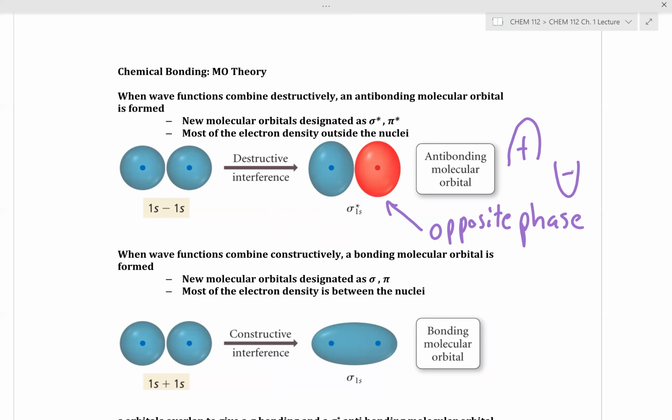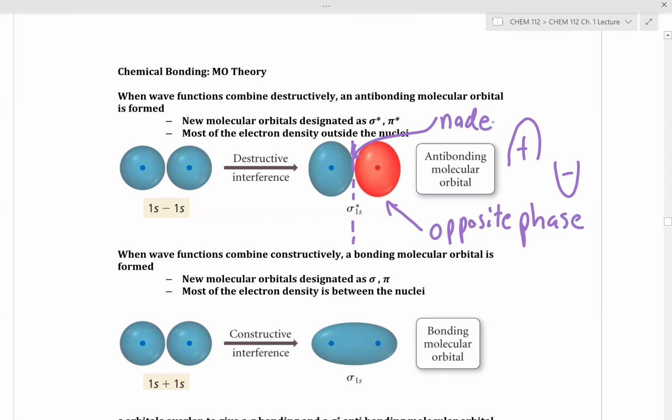They cancel out. What happens when we have zero amplitude? A node. Does everyone notice how, straight down the middle of our orbital interaction, we see an empty space, a region of zero electron density? Yes. And we call this a node. So it's an anti-bonding interaction.